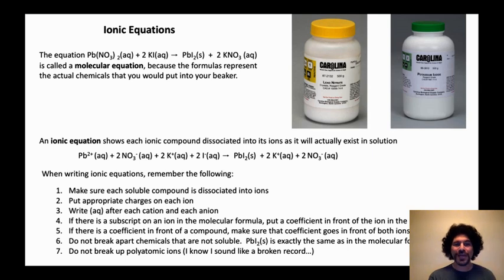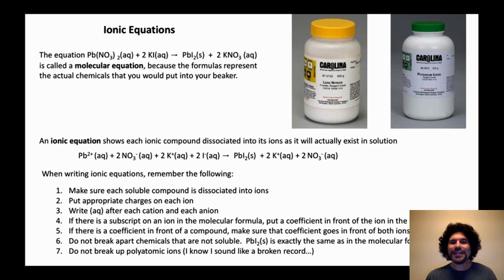So that's why there's 2 K pluses and 2 I minuses. You have to make sure you don't break apart chemicals that are not soluble. Okay, so as I said, lead iodide solid is exactly the same as it is in the molecular formula. And finally, the rule once again, I know I sound like a broken record, but do not break up polyatomic ions. The N and its 3 oxygens in the nitrates have to stay together forever.